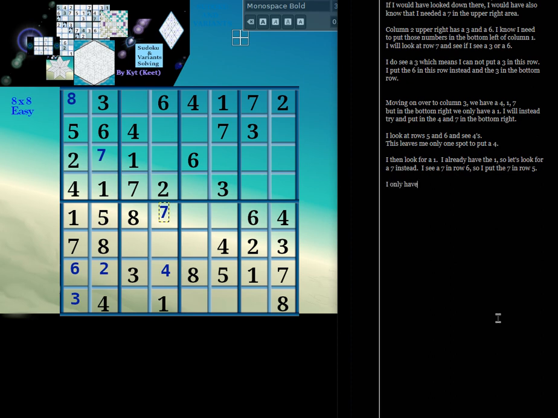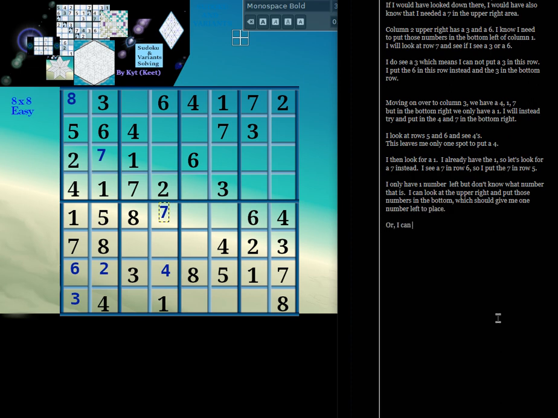Now I only have one number left, but don't know what number that is. I can look at the upper right and put those numbers in the bottom, which should give me one number left to place.